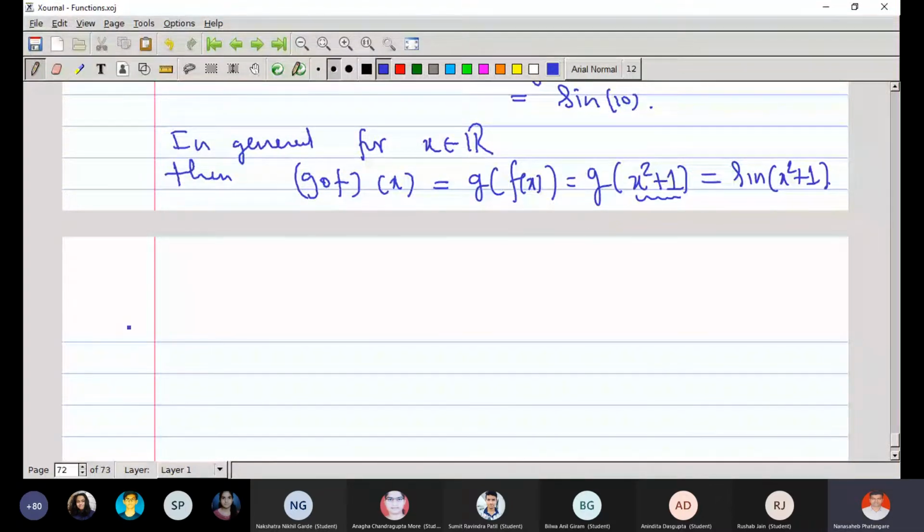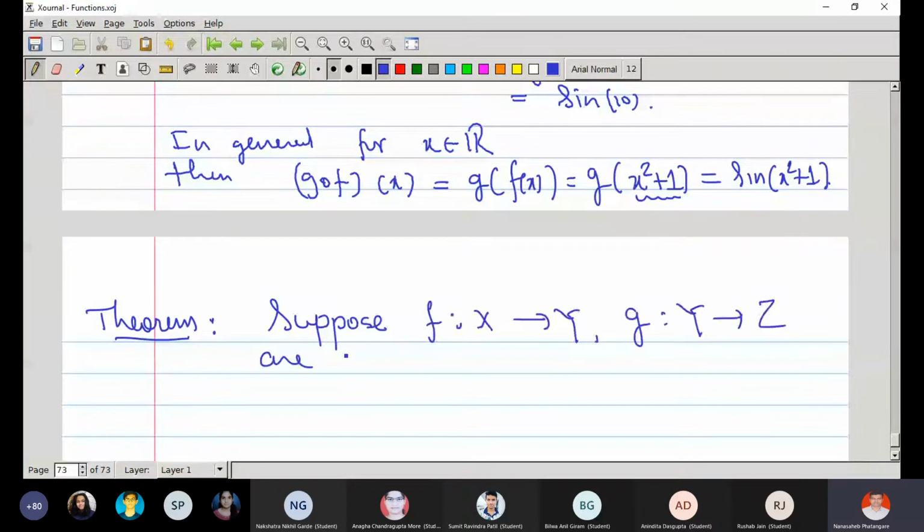Okay, so now we want to study properties of this composite function. Suppose f is from x to y and g is a function from y to z. Now, what questions can be raised in case of a composite function?